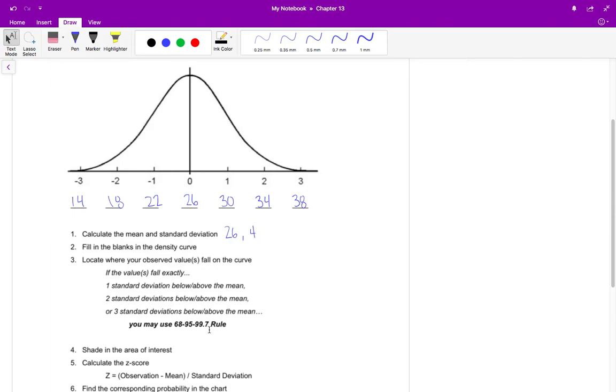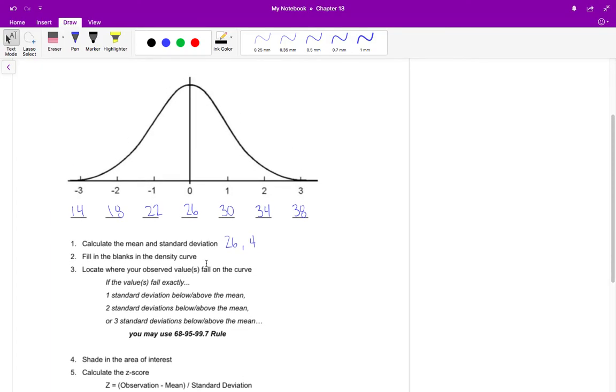Because based on our 68, 95, 99.7 rule, what we're saying is that 99.7% of the NBA population is between the ages of 14 and 38, okay? No 14-year-olds playing in the league, and 18-year-olds don't really play in the league anymore either. So, most of your players are going to be between the ages of 22 and 34. Once again, it's not a perfect normal distribution, but we're going to use it for the time being.